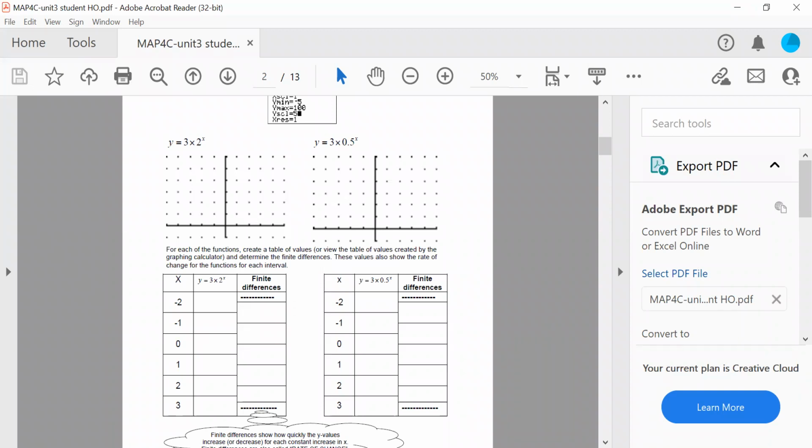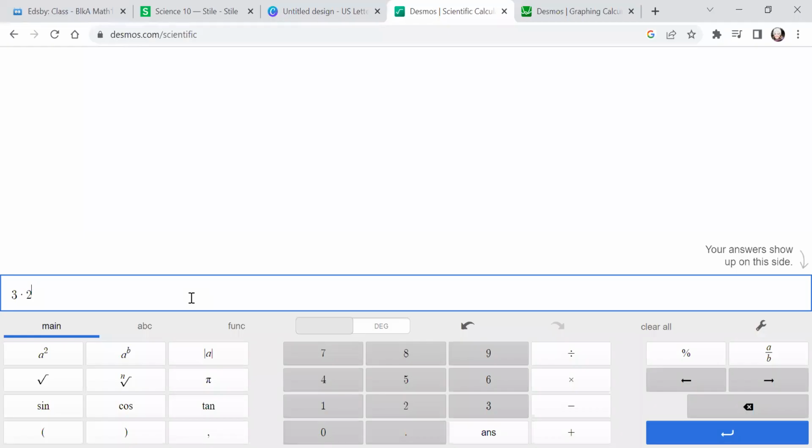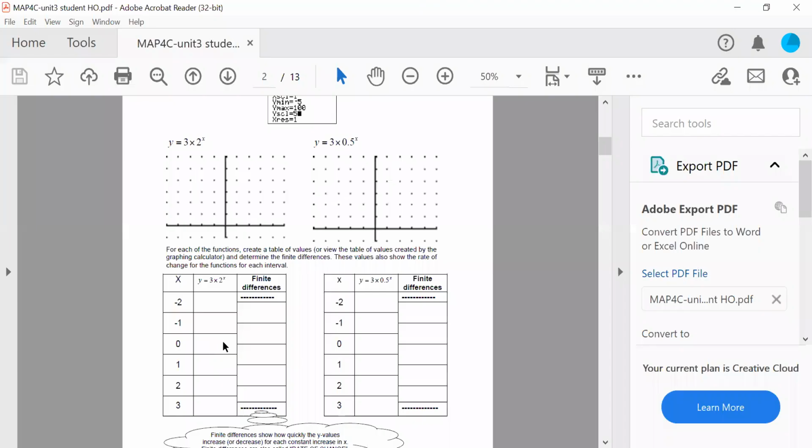So go back to your calculator, plug in 0, and you're going to get it to equal 1. Sorry, 1 second. 1 times 3, so you'll get 3. So I'm going to put 3 here. Put that into your sheet, and you're just going to keep going down the table. Then you're going to change it to the power of 1, and you're going to get 6.